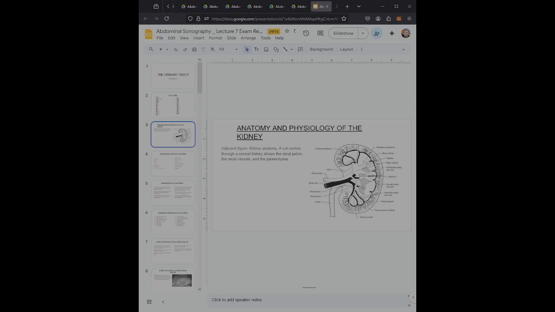The functional urinary tract is important to the fetus because the urine produced by the fetal kidneys comprises majorly of amniotic fluid.